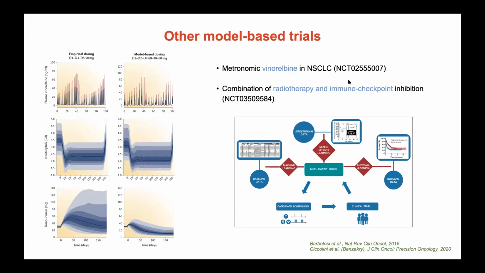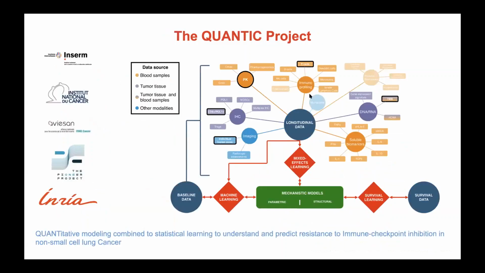And to finish, I just want to mention a quite large project where we are involved, that is ongoing in our team, which is the Quantic project, where we are integrating large and deep data on patients receiving immune checkpoint inhibitors in non-small cell lung cancer, and trying to integrate and develop mechanistic models.